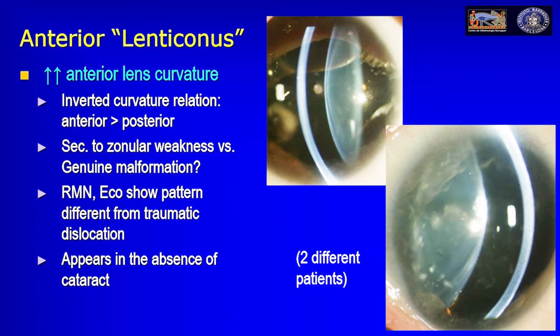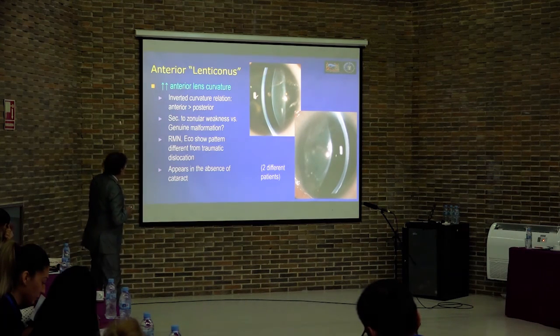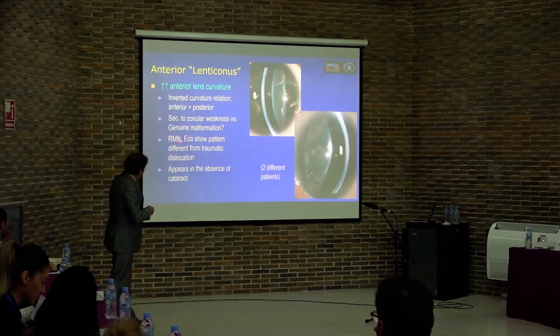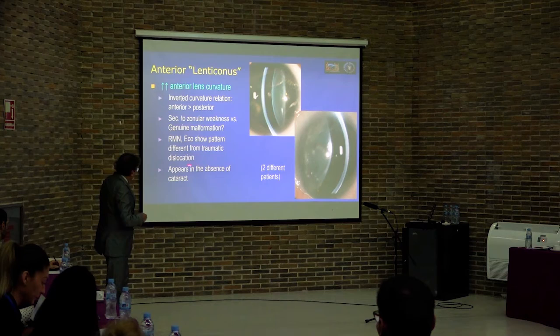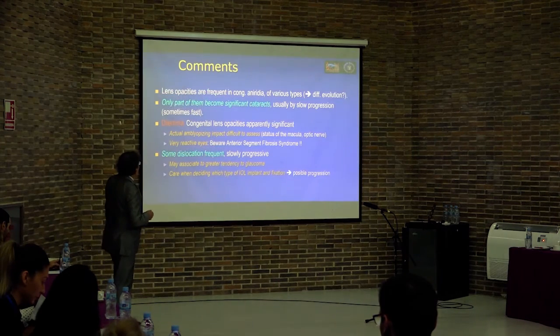Is it something genuine from the development of the lens, or maybe secondary to problems at the level of the zonules? It has been shown from studies with Hermann echo that the pattern is different from the changes in shape seen in traumatic dislocation, and as you can see, it may appear in the absence of cataract.